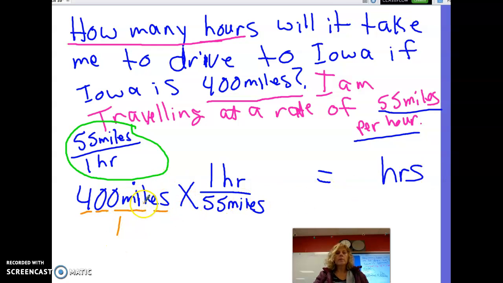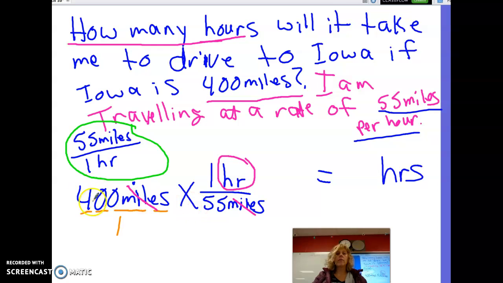And the only reason that's important is because units that are across from each other will cancel out. I know you probably covered this in math class, but in case it's been a while, or for some reason you missed that. So now miles is going to cancel out, and I'm left with hours. That's my quick skinny overview of how to use dimensional analysis.